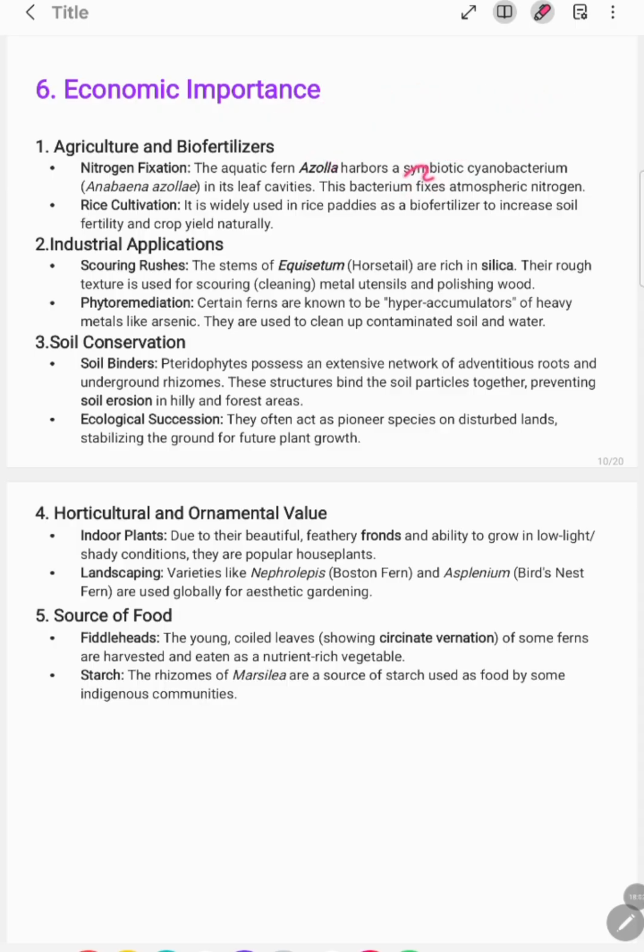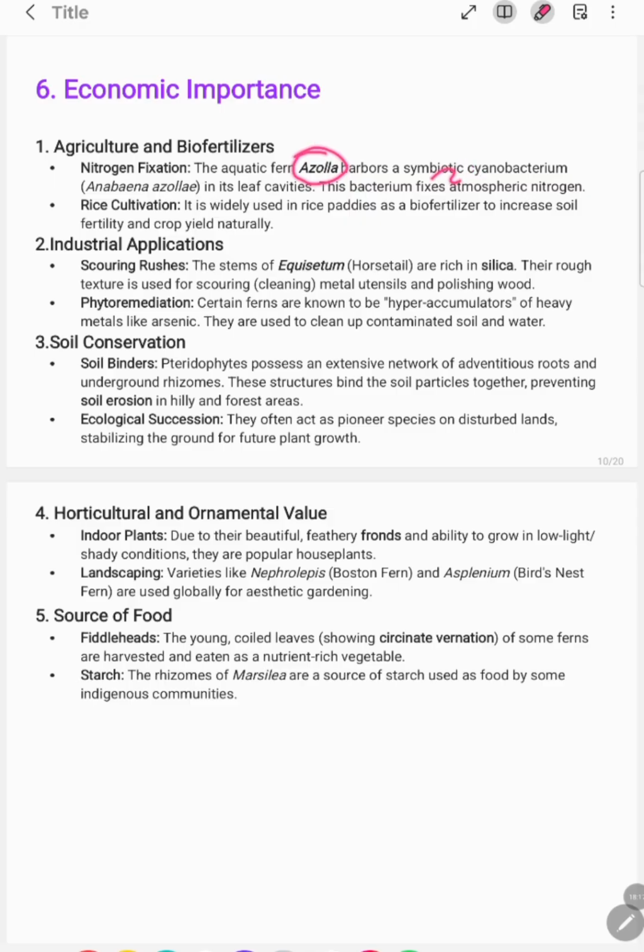Okay, the two organisms which are participating in the relationship, both are benefited. Okay, this type of association is known as your symbiotic association.